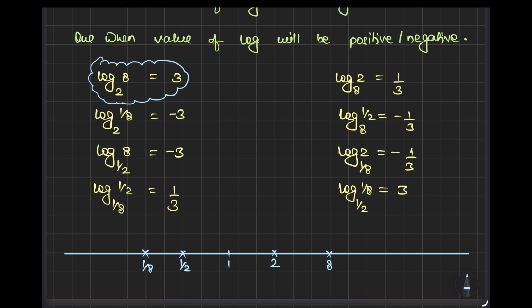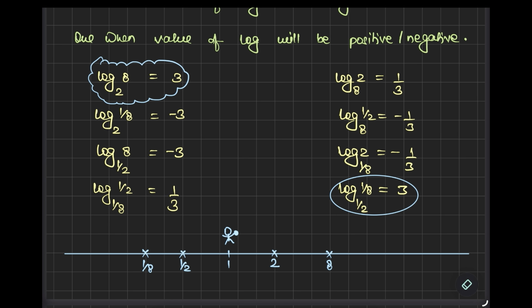If you are standing at 1 and you move in this direction and you find the base first and then the argument, the value is greater than 1. Here, if you move in this direction, the base comes first, 1 by 2.